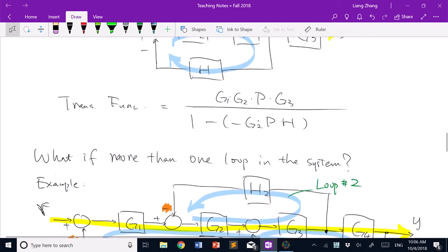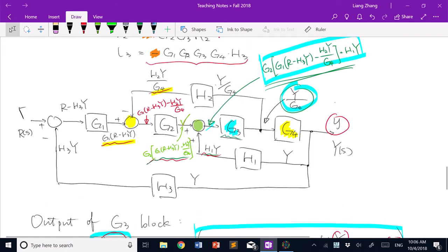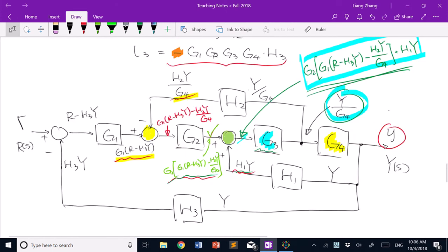The way we calculate the transfer function of this more complex system is the same method, just more intermediate signals to figure out. We have to figure out almost every one of them, and sometimes it requires a little backtracking, backpedaling from the output to figure out how the input signal should be represented.